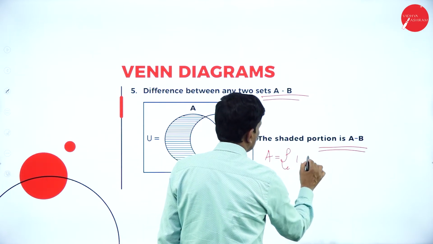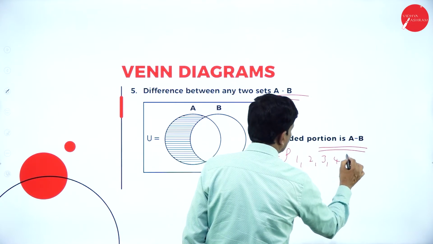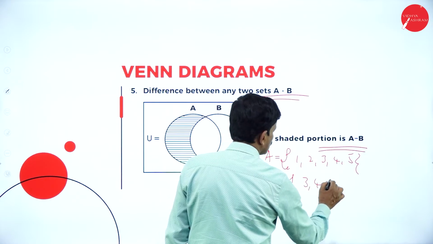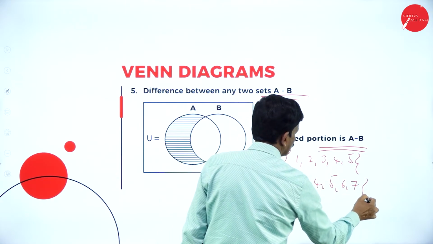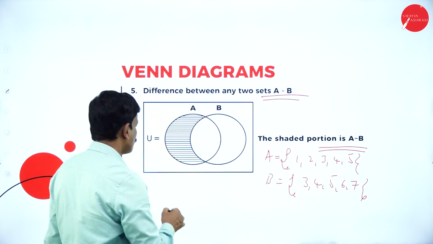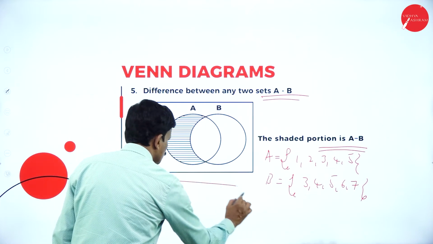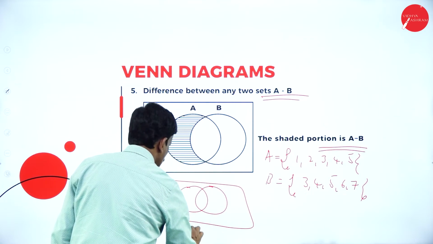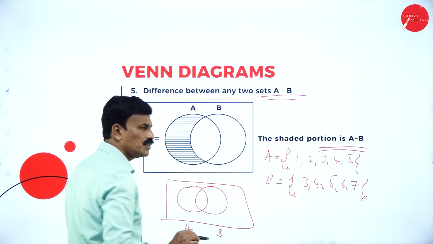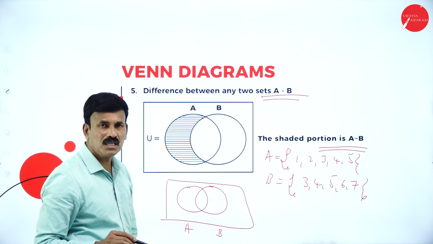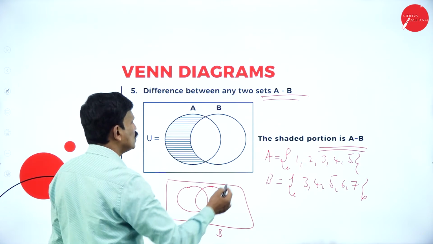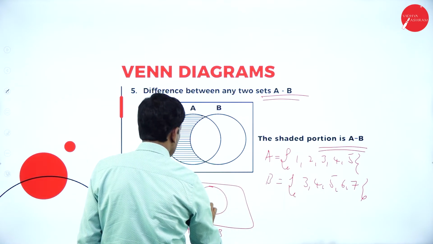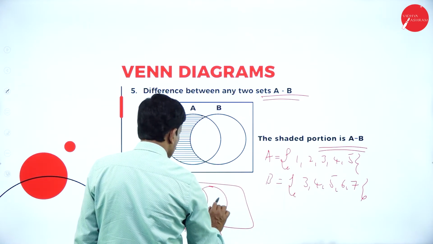If A is equal to {1, 2, 3, 4, 5} and another set B is equal to {3, 4, 5, 6, 7}, then how do we represent the difference A minus B? Here this is set A and set B. The difference between these two is the set of all elements which are in A but not in B. What are the common elements we have? 3, 4 and 5, right.